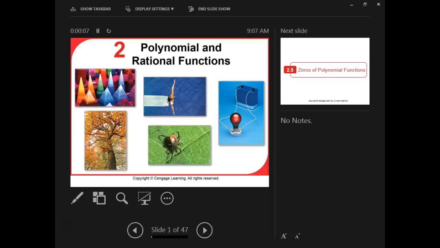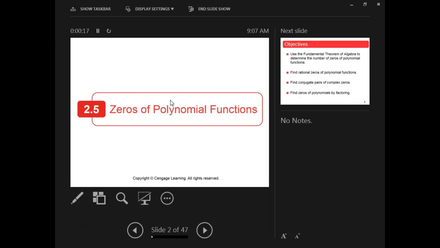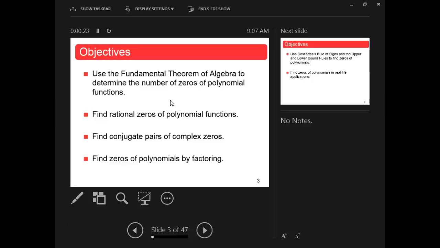This one does. Okay. So we're still in polynomial and rational functions. And by the way, this is the last section on the polynomial part, because section 2.6 is the rational part. So we're talking in 2.5 about zeros of polynomial functions. What we'll do is use the fundamental theorem of algebra to determine the number of zeros of polynomial functions.